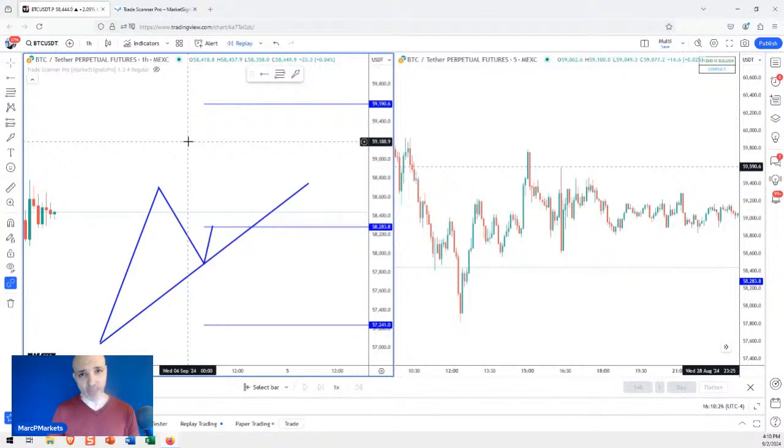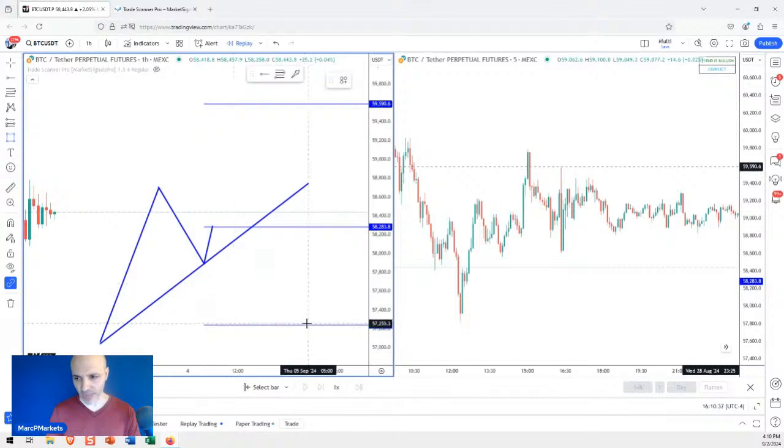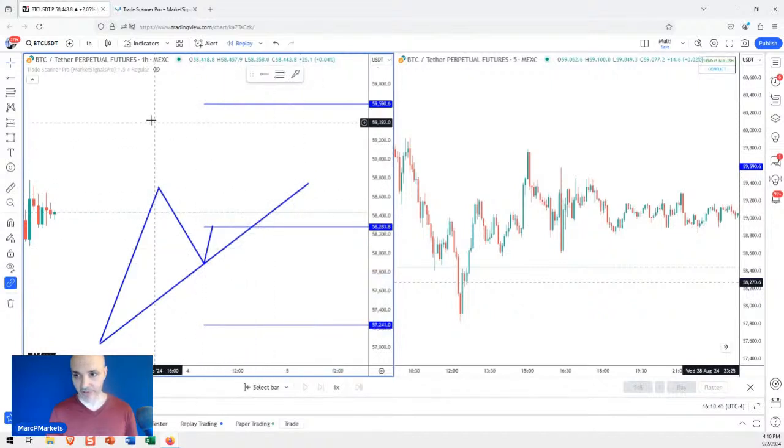People make the mistake and they put in their own number. The Trade Scanner Pro generates it off of previous price action. It says, based on this time frame, this is what your risk should be, okay? And that's the stop loss right here. Now, it takes that amount and multiplies it by 1.5, and it projects a profit objective. That's what this is over here, the profit objective.